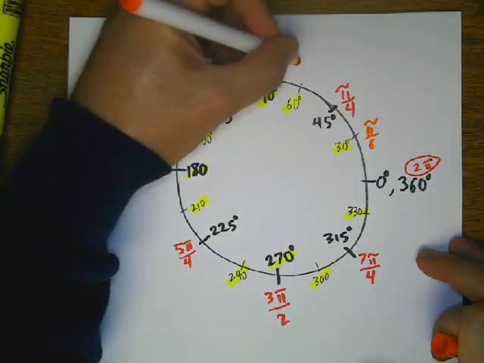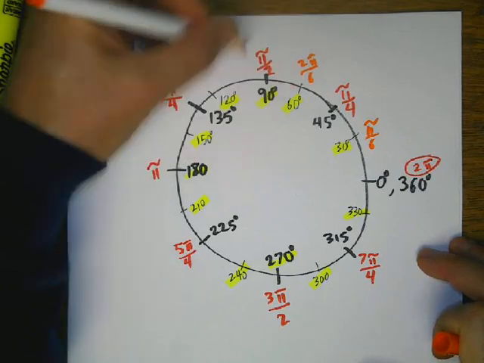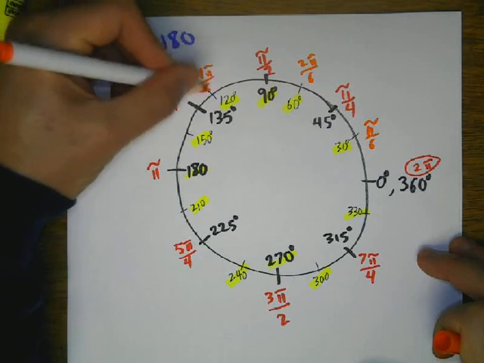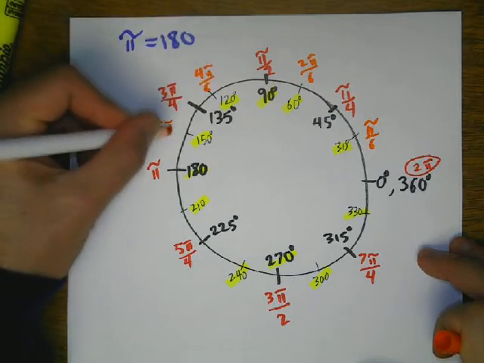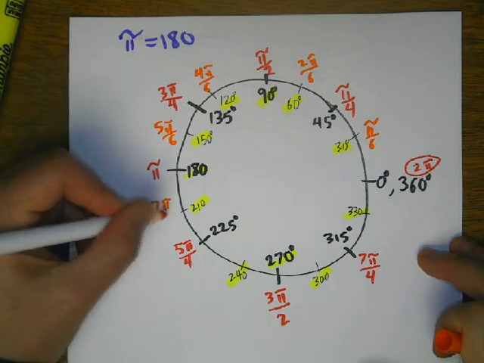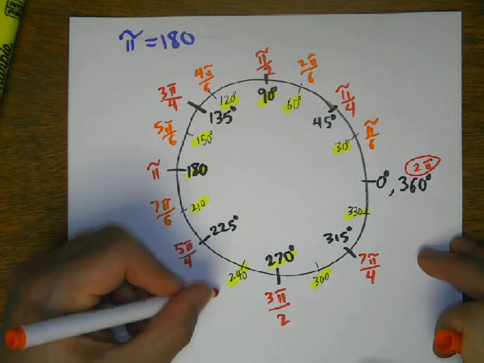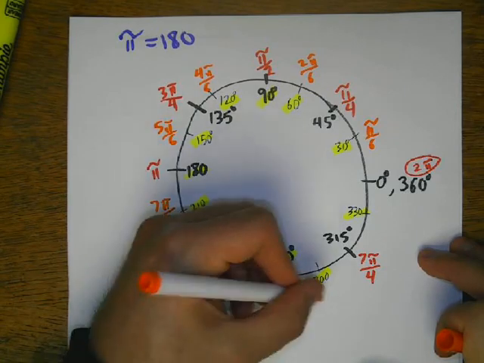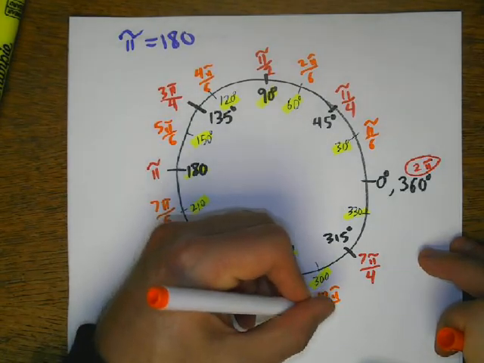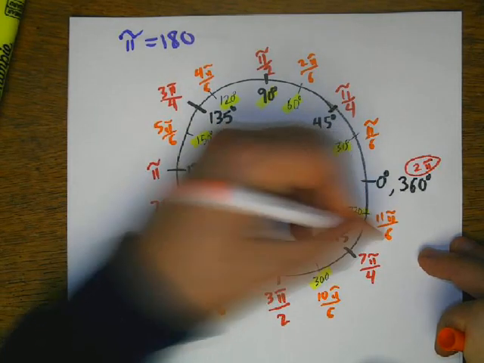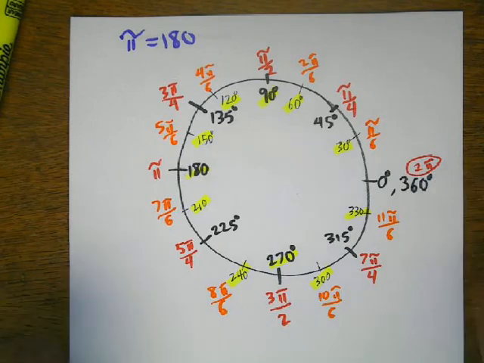This is 2 pi over 6, 3 pi over 6, 4 pi over 6, 5 pi over 6, 6 pi over 6, 7 pi over 6, 8 pi over 6, 9 pi over 6, 10 pi over 6, 11 pi over 6, and 12 pi over 6, which is 2 pi.